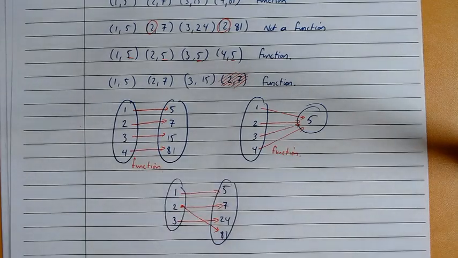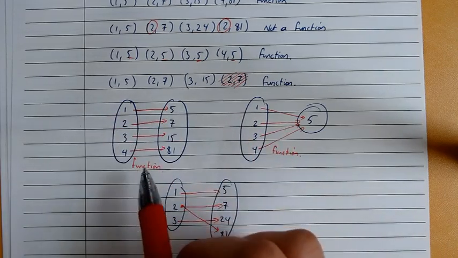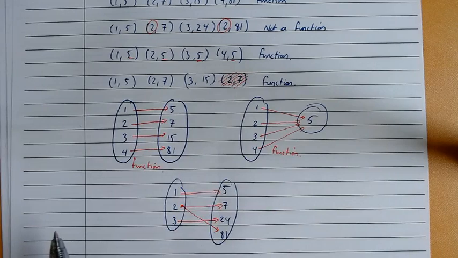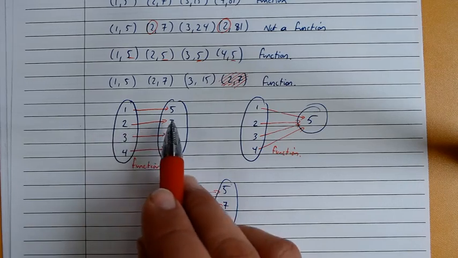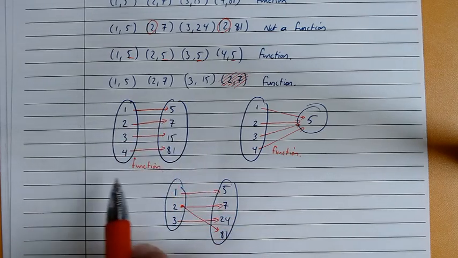All right. Let's say I asked you, looking at this function right here, if I told you my first entry is the number 2, and I asked you, what's my second entry supposed to be? Well, you would say 7. And that's the only answer you could give. There is only one second entry tied to this first entry. All right?